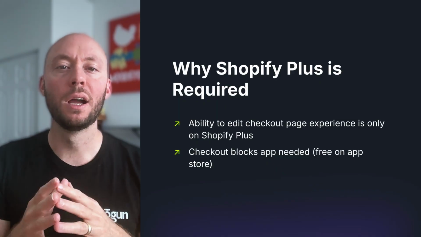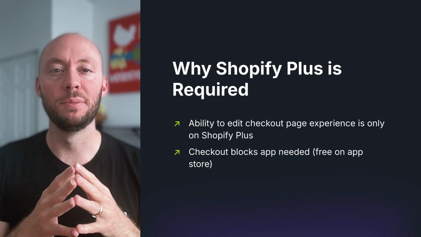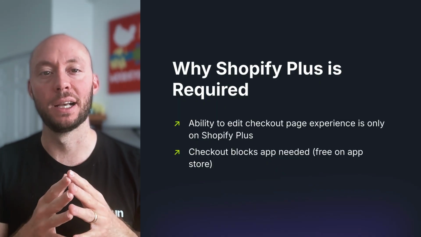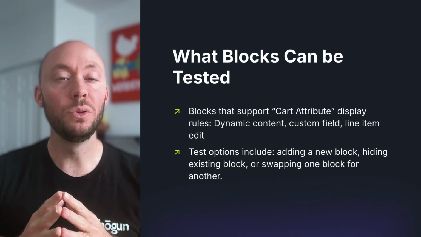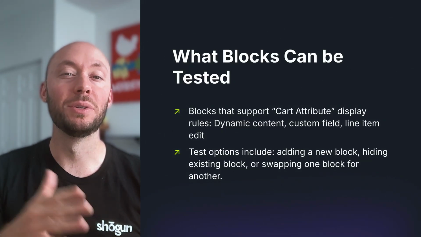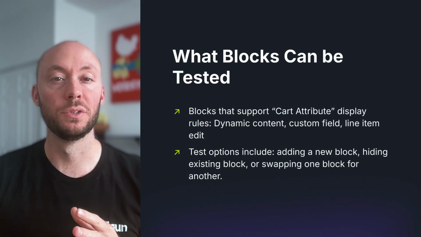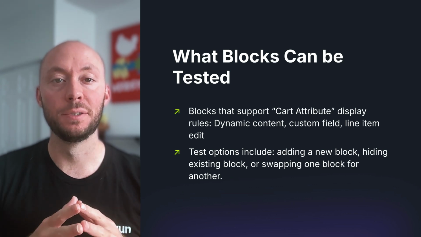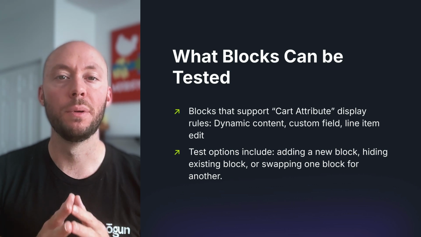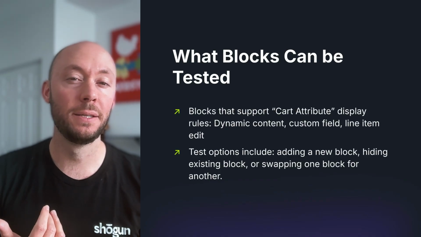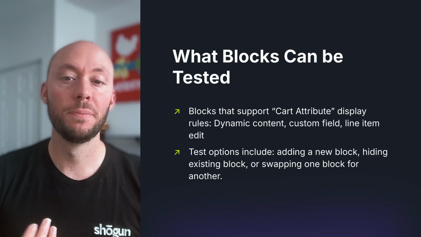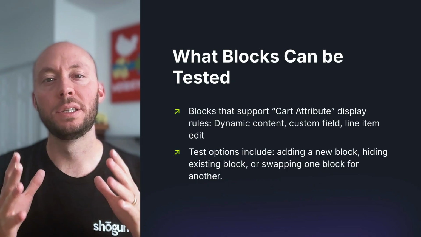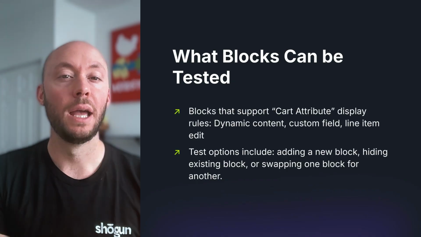Okay, now we're going to cover what elements can actually be tested using checkout blocks testing. Because Shogun utilizes display rules to be able to show the blocks to the appropriate users for your test, we can only support blocks that have display rules in the cart attribute. So these are going to include dynamic content, custom fields, and line item edit. Those are the types of blocks that we're going to be able to support at Shogun.